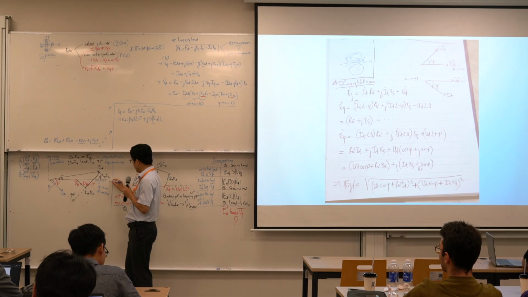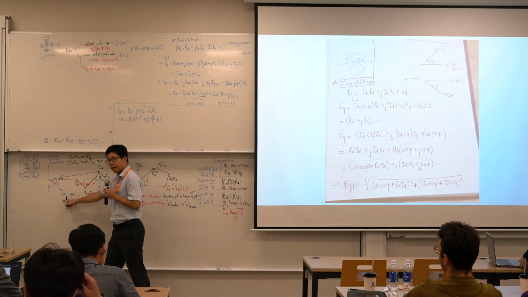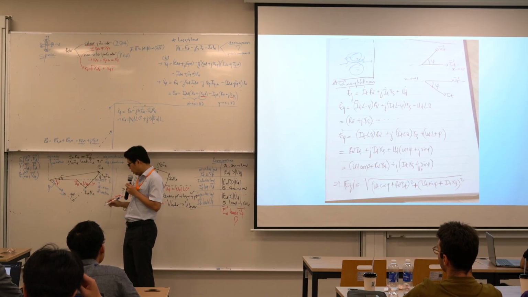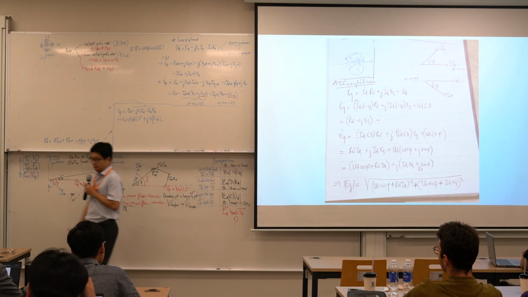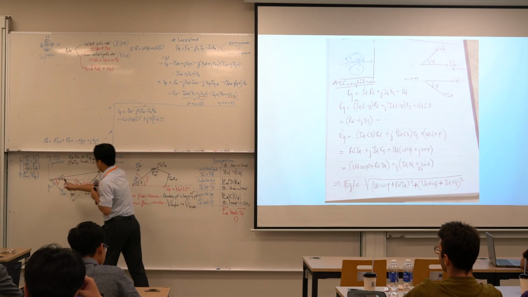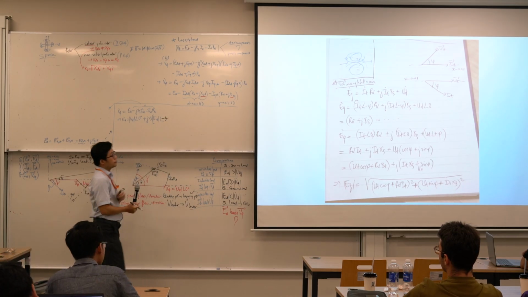You stay here. This is V phase. IA here, so that means you need to follow clockwise direction, so this one should be minus. So you get minus theta.